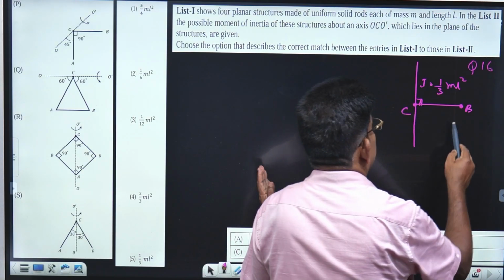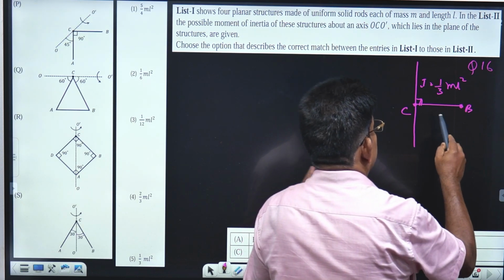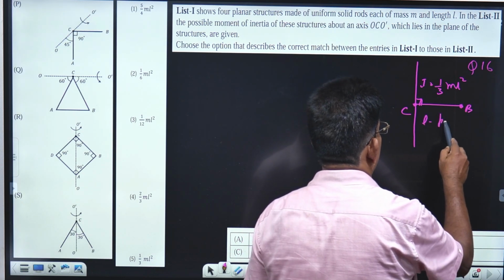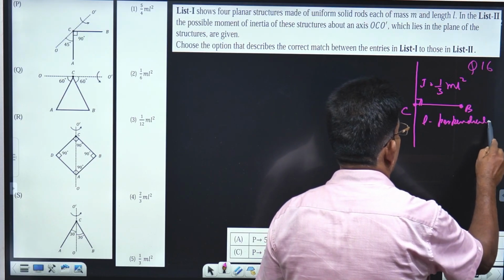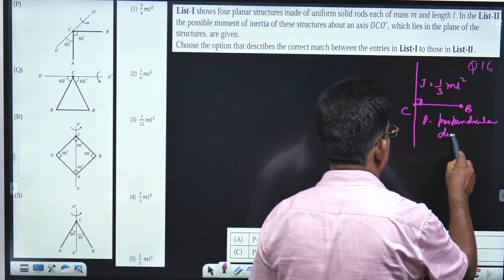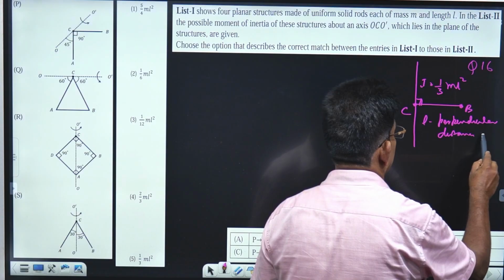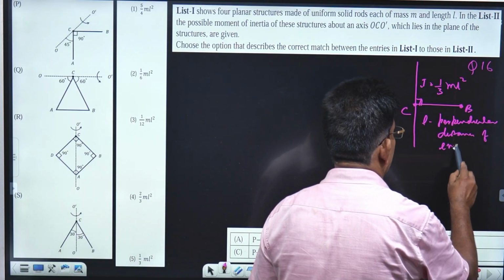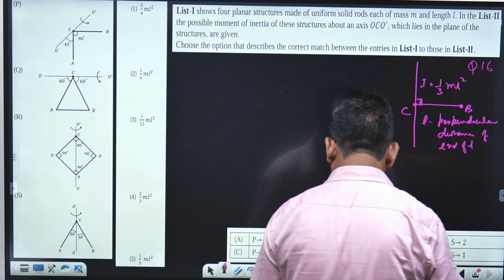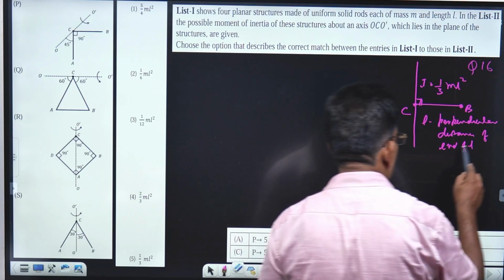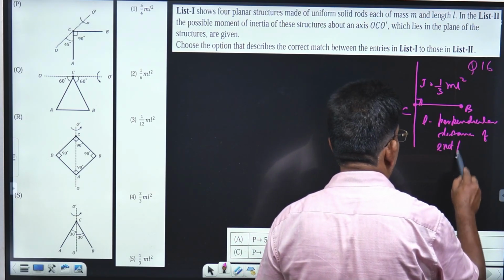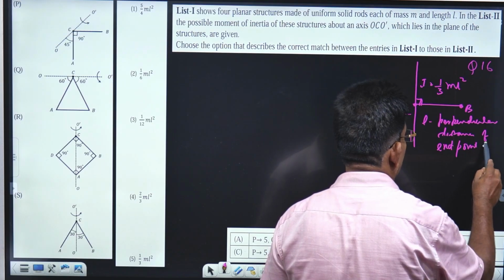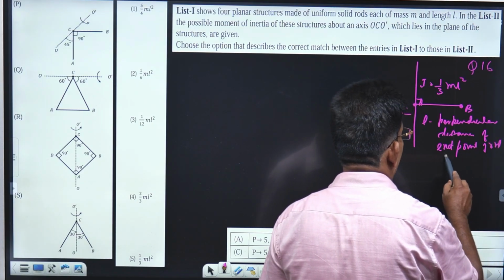Here, the rod itself is perpendicular, so L is the perpendicular distance of the end point of the rod from the axis.